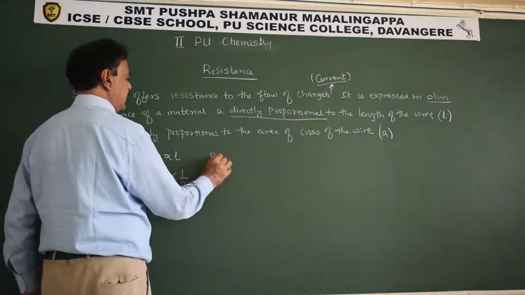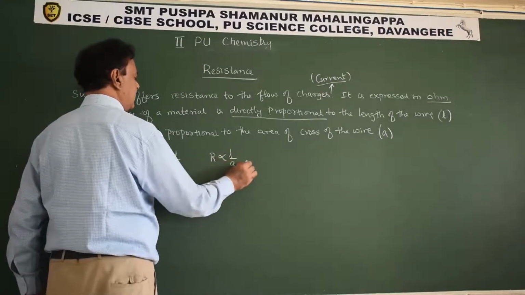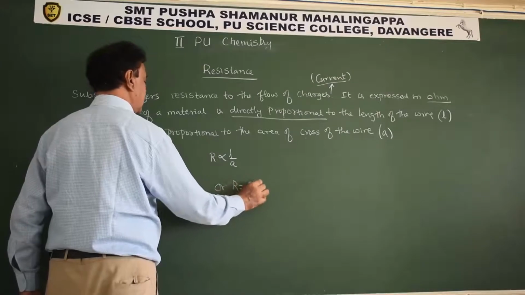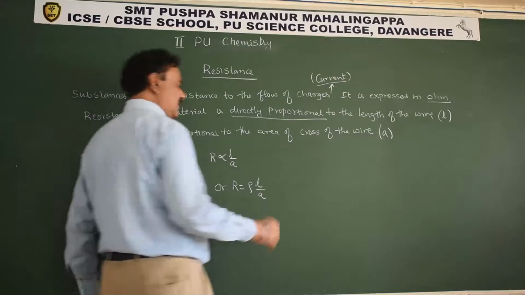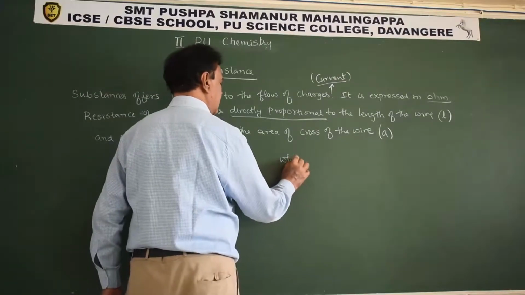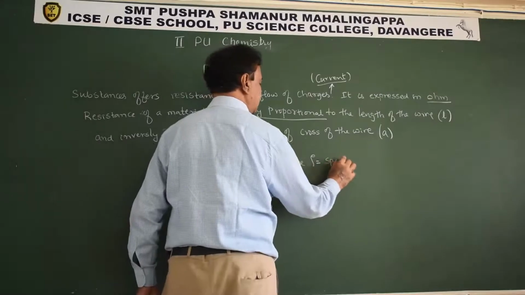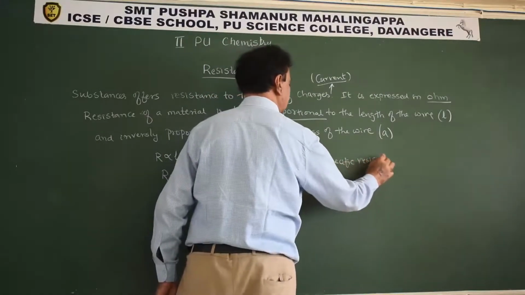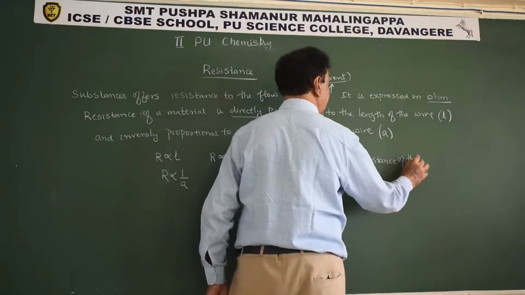Hence R is proportional to L divided by A, or R is equal to rho into L divided by A, where rho is called the specific resistance of the wire.